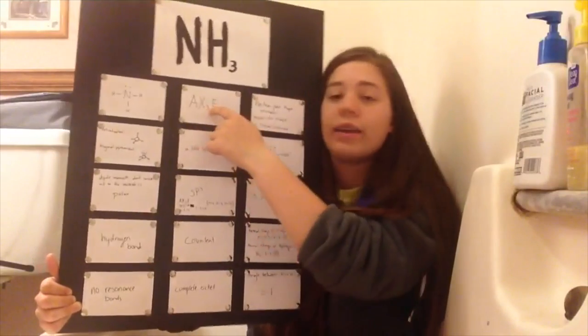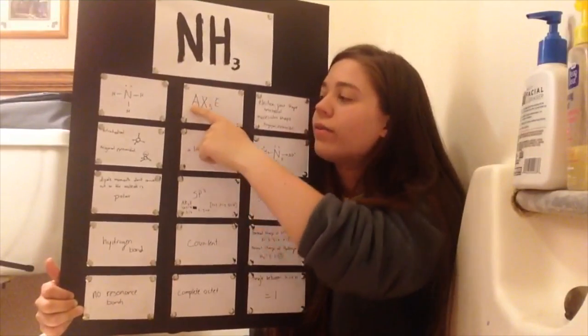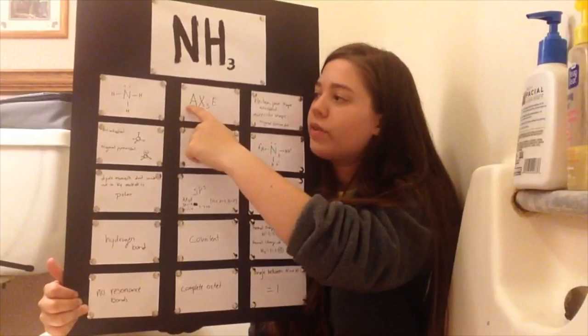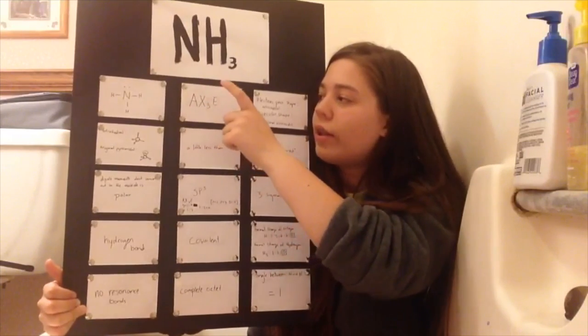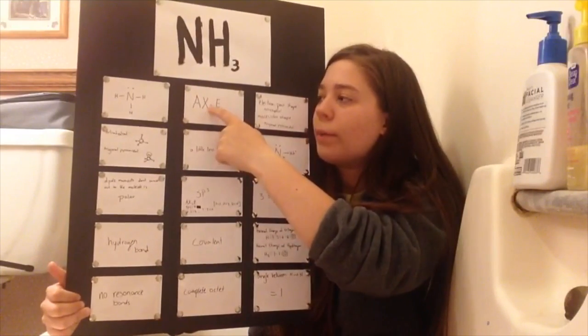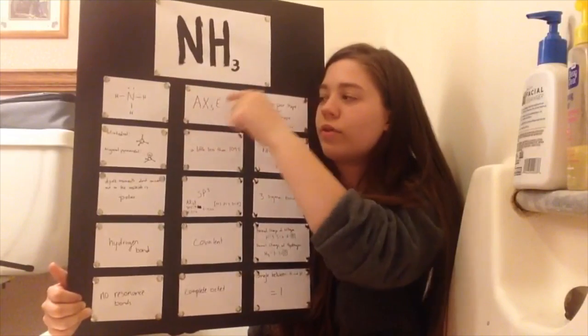And then AX3E. A is for the central atom, so there's one of those. X is for the number of outer atoms, so there's 3.